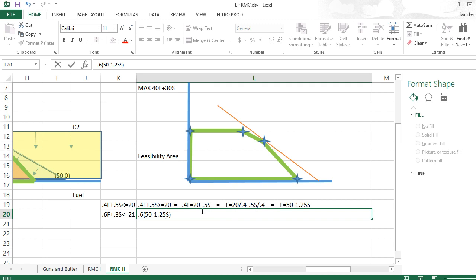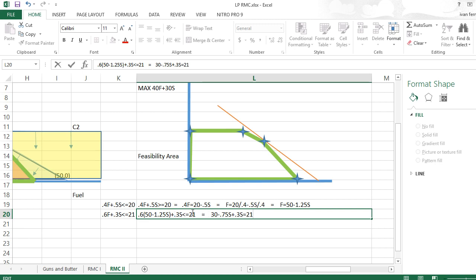From here, you just put it right there, plus 0.3s less or equal to 21, which equals 30 minus 0.75s plus 0.3s equals 21.